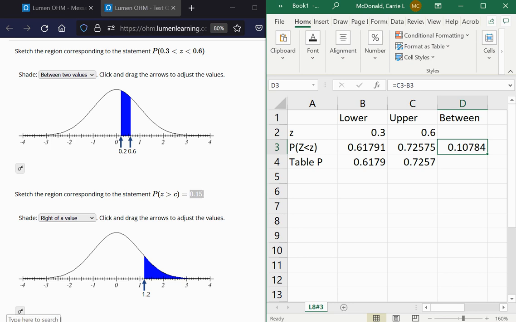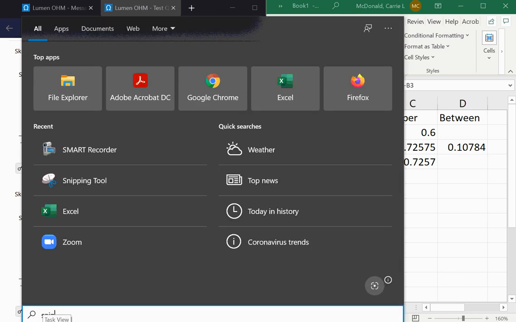and let's just take a little snip here so we can draw on it a bit.